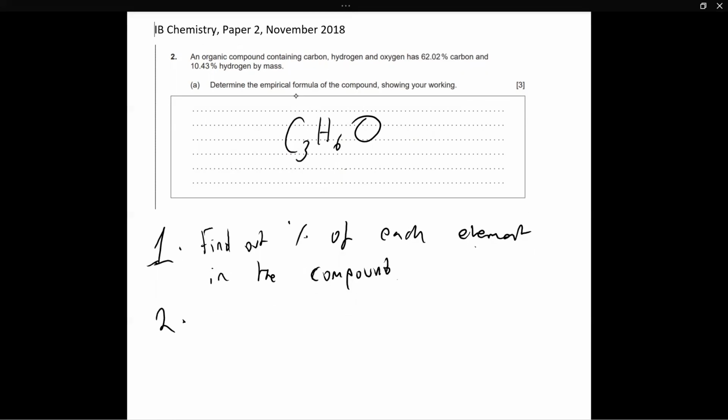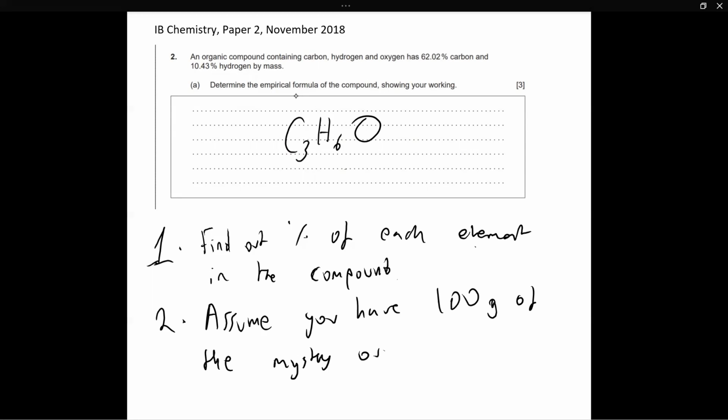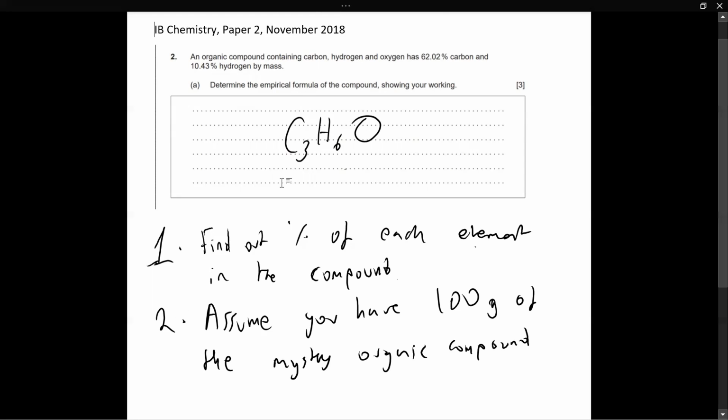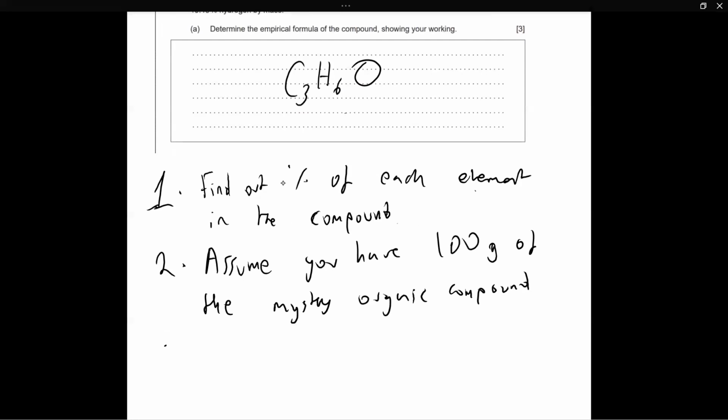The second step is assume you have 100 grams of the mystery organic compound. I'm very sorry for my handwriting. So just assume you have 100 grams of the mystery organic compound.